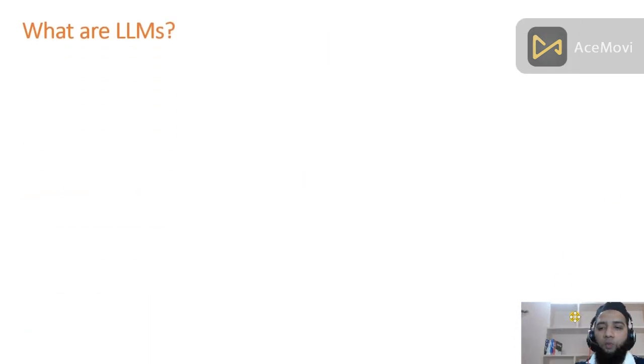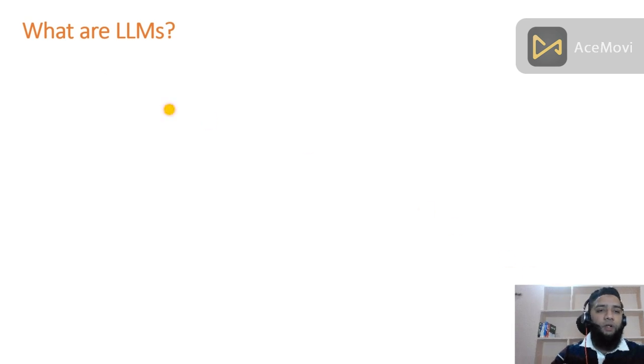So let's see what LLMs are. You might have heard of this term, large language model, or LLMs, during your Gen AI reading or videos that you might have watched, or during conversations with your friends or colleagues.